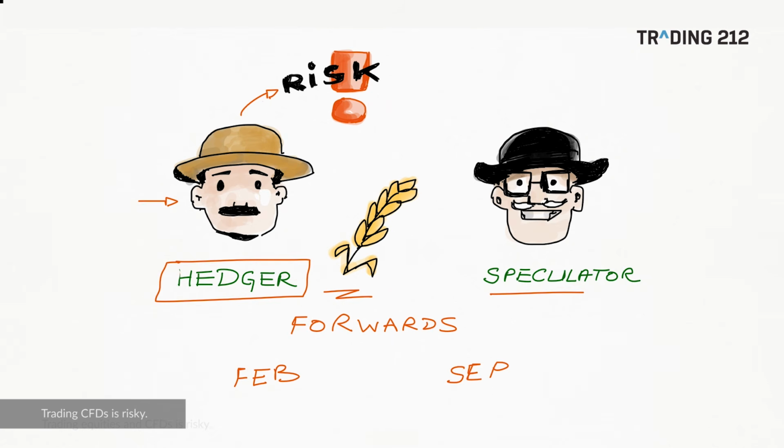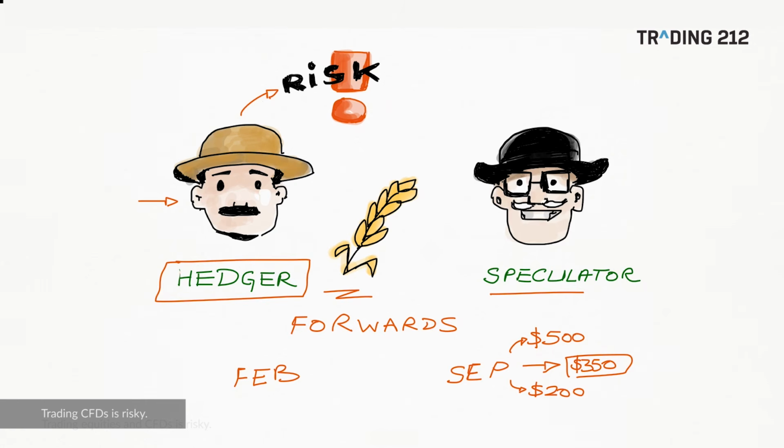But the farmer, let's say, has seen in recent years it might get as high as $500 a bushel, and he's worried that it might drop as low as, let's say, $200 a bushel. And then let's say that the speculator is willing to buy it now, or to agree a price now, of $350 a barrel for delivery in September. So this is the price they agree.